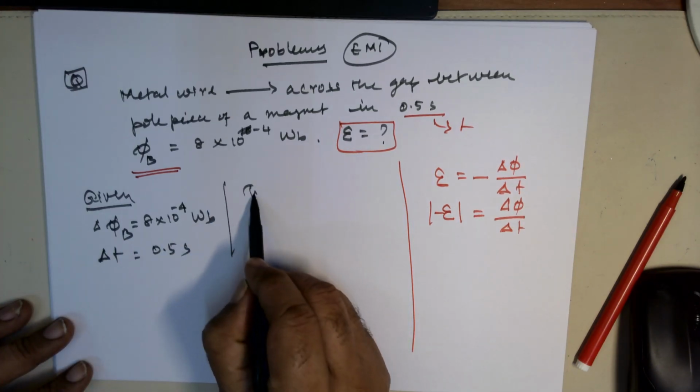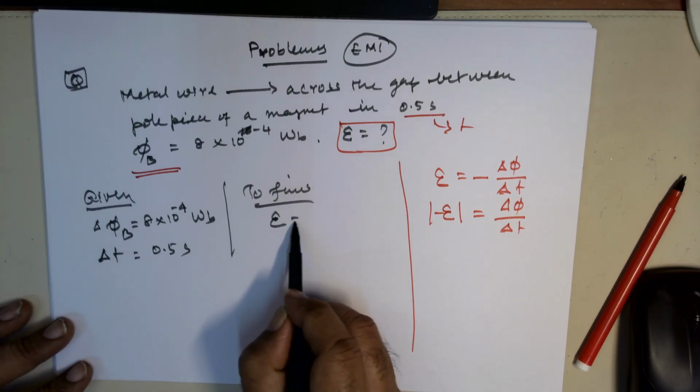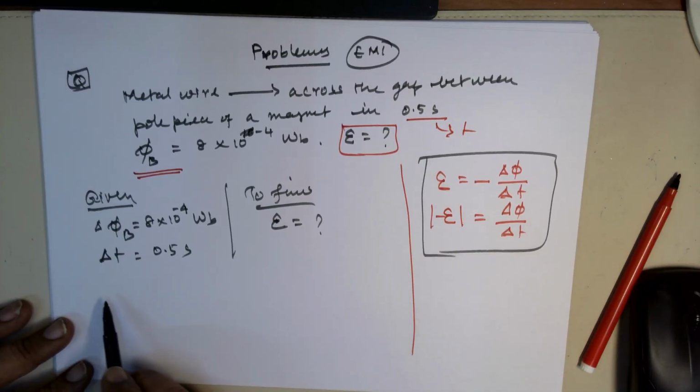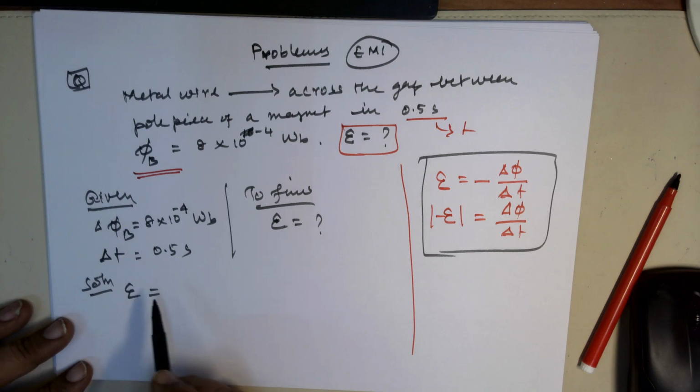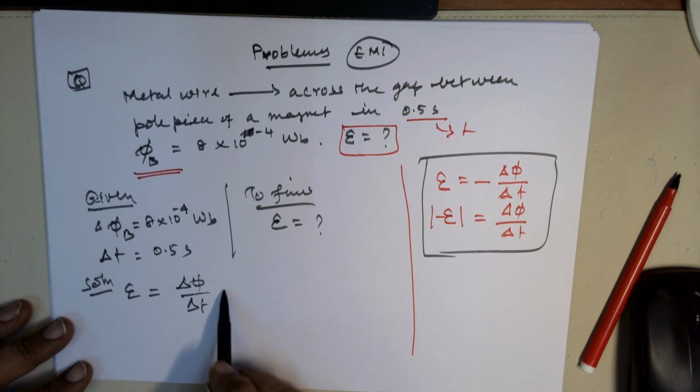To find E, the induced EMF, the equation is this one: E is equal to delta phi divided by delta t.